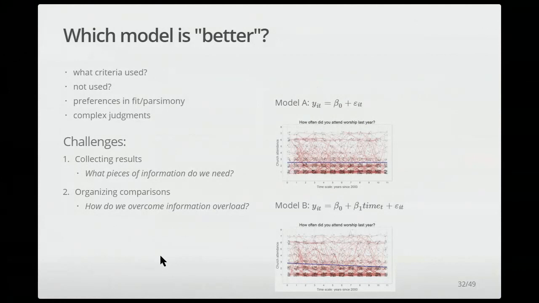So there are two distinct challenges I want to talk about today. The first challenge is, how do we collect results from these models? In this case we have only two, but imagine we have many of them. It becomes another data processing challenge. More specifically, what pieces of information do we need to keep?